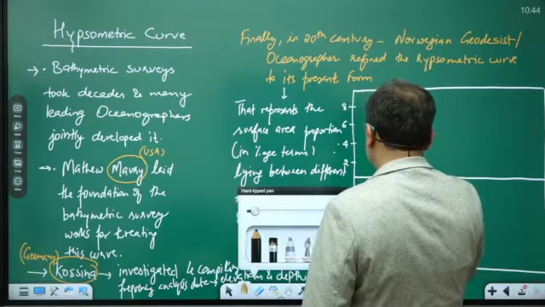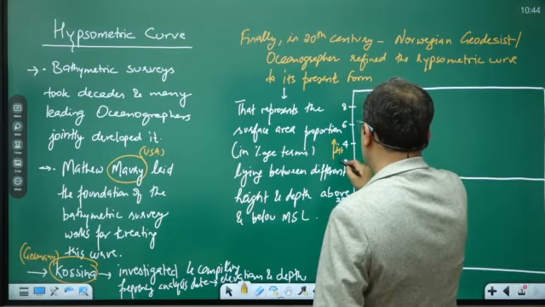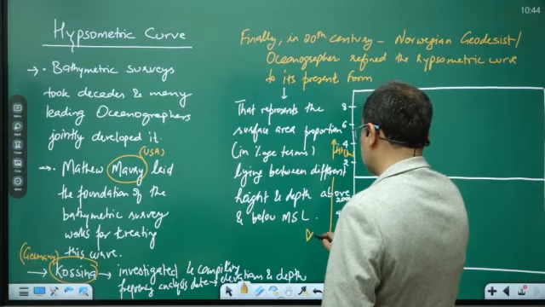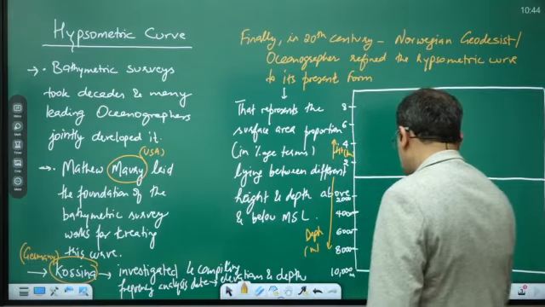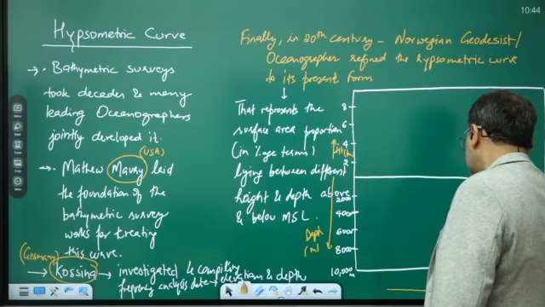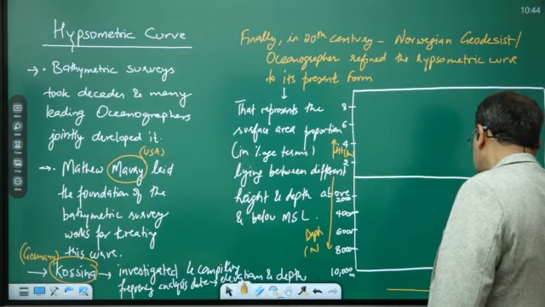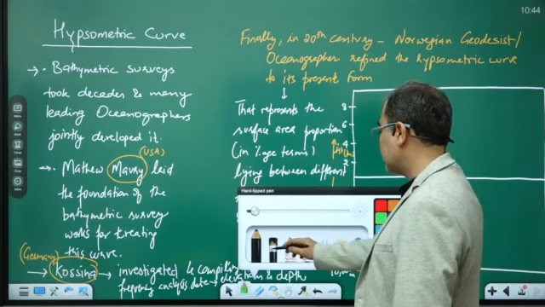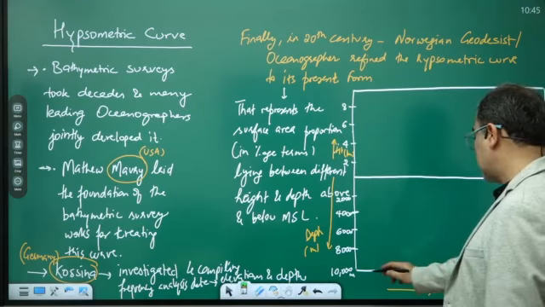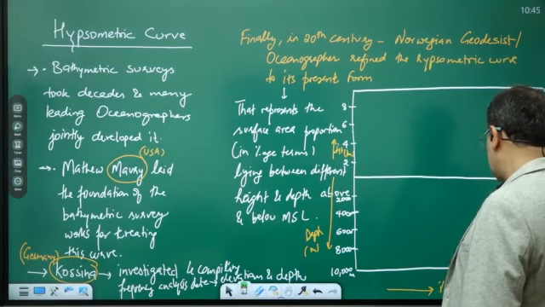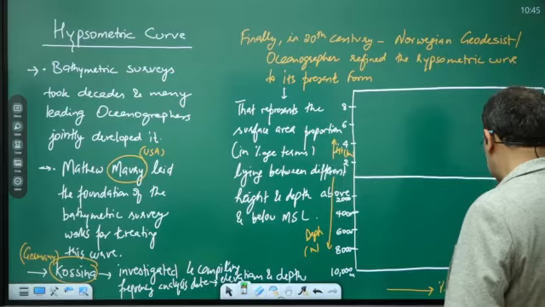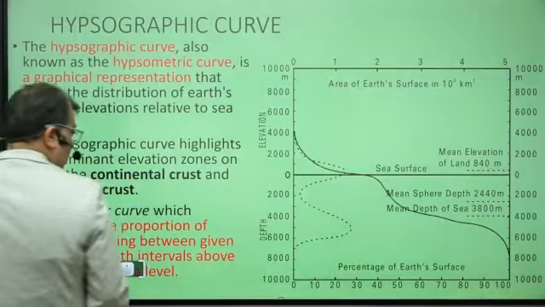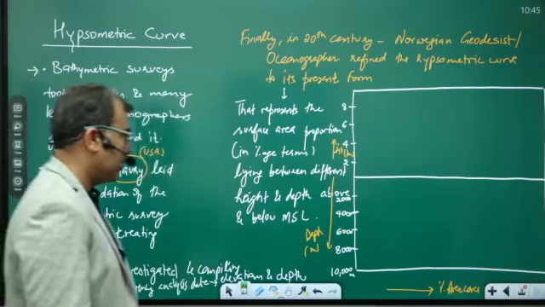This side is your height in kilometers, and depth in meters. This side, percentage area cover. What will I have here? I'll have 20, 40, 60, 80. So we do this in 10s. They've done it in 20s. We'll go for 10. They've also gone for 10 only.